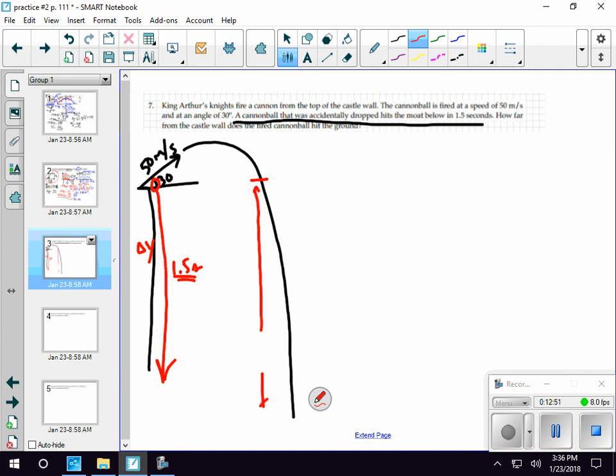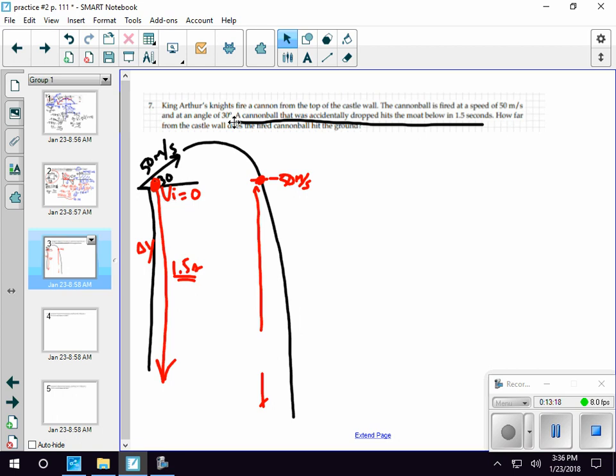That's not true, because there's a difference between this ball over here and this ball over here at this point in flight. When you drop something, the initial velocity is 0. But over here, it's actually going to be at negative 50 meters per second. That's a combined velocity, x and y, but it's not 0.